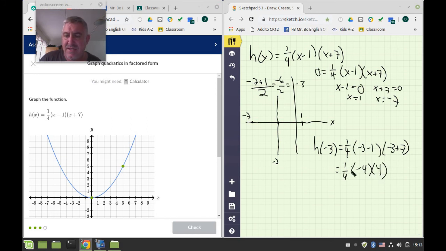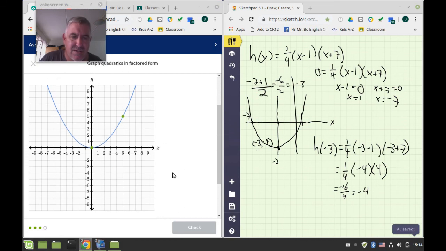If we didn't have this coefficient up front, this would get all boring, and it would just be perfect squares. But it's not. So we're going to divide by 4. That is equal to negative 16/4, or negative 4. So there's my vertex right there, and it is at negative 3, negative 4. And then if I want to sketch out my parabola, I can do it just like that.